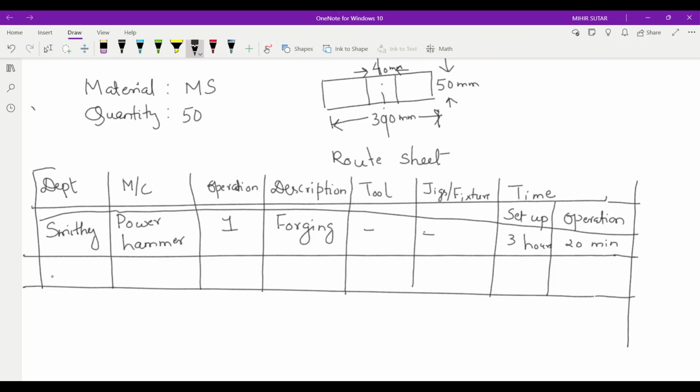Then let's say to further enhance the properties, we are going for heat treatment. I think you might have heard what heat treatment is in your material science.